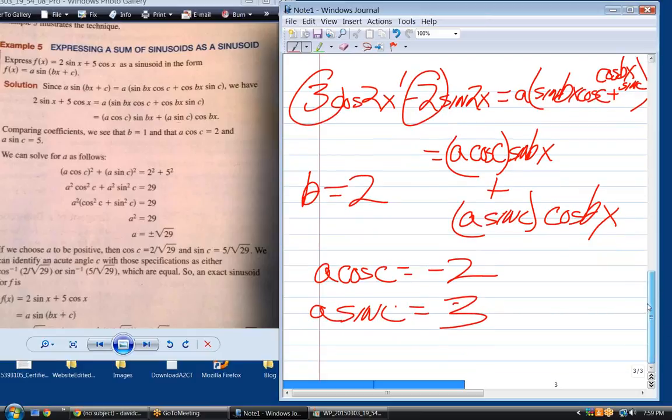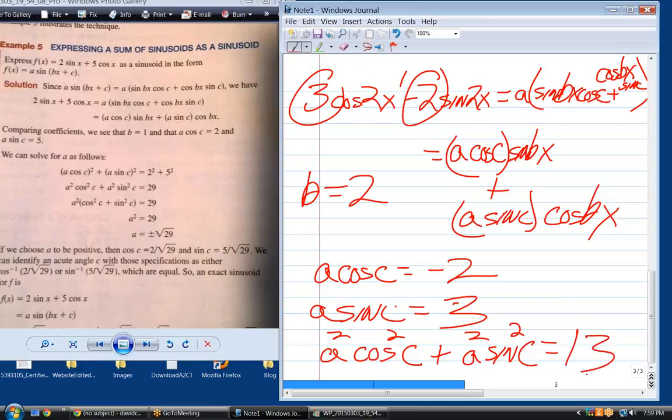So if we square, in other words, all they're doing here is this is equal to 2 and this is equal to 5. So 2 squared plus 5 squared equals 2 squared plus 5 squared. So if we do the same thing, we're going to get a squared cosine squared c plus a squared sine squared c equals 4 plus 9, 13.